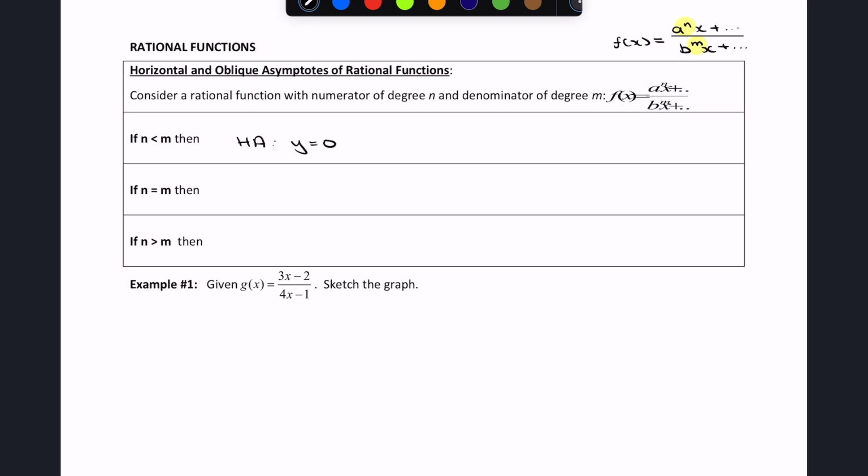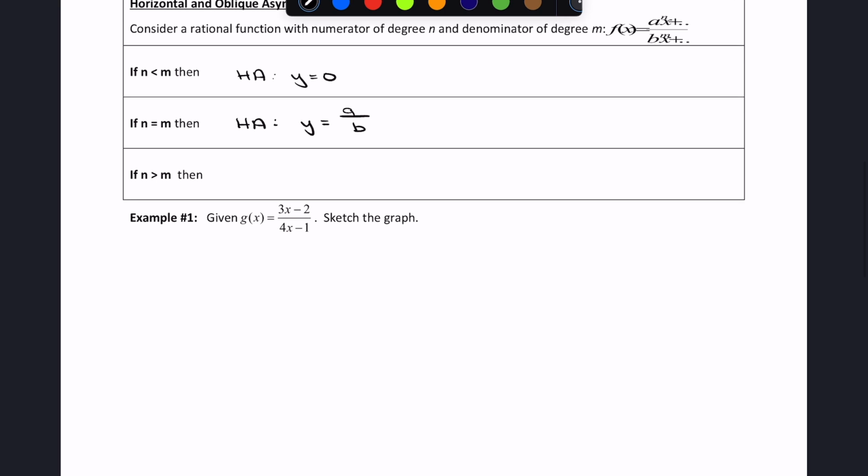If n is equal to m, we know we have a horizontal asymptote at y is equal to a over b. And finally, if n is greater than m, then the horizontal asymptote does not exist.